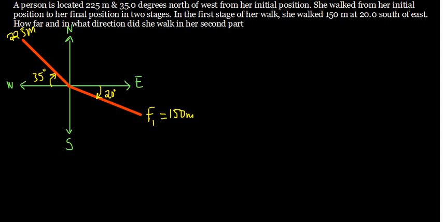Now the question is, how far and in what direction did she walk in her second part? We don't know the second part. That's what we want to find. So again, I'm going to write vector here. I'm going to write the x components and the y components. So first we have the first walk F1. Let's find the x component of F1.